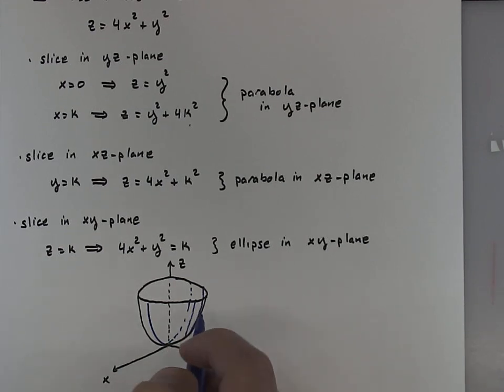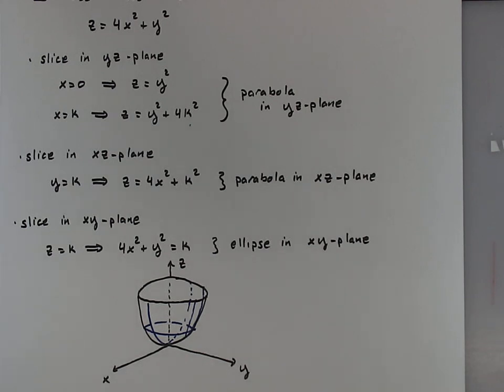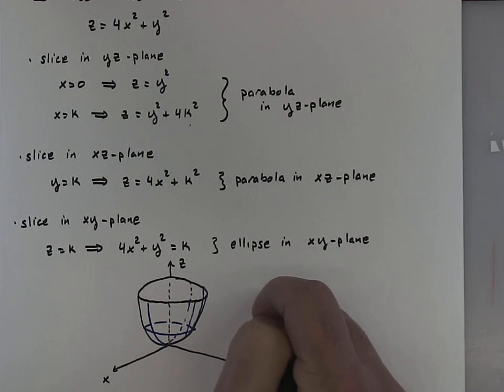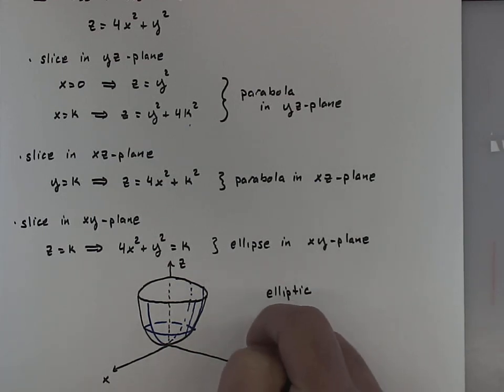In the xy plane, which is this plane here, this is an ellipse. So it's a mix between ellipses and parabolas. So this is called an elliptic paraboloid.